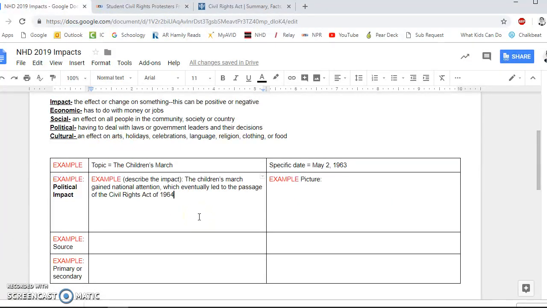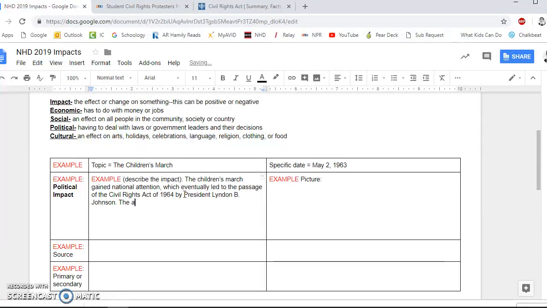The Children's March gained national attention, which eventually led to the passage of the Civil Rights Act of 1964 by President Lyndon B. Johnson. The act made it illegal. I guess I should say makes it. It's still a law. We still can't discriminate based on these things.